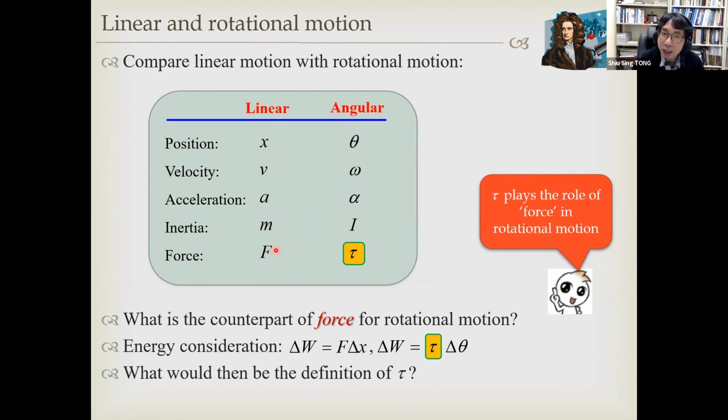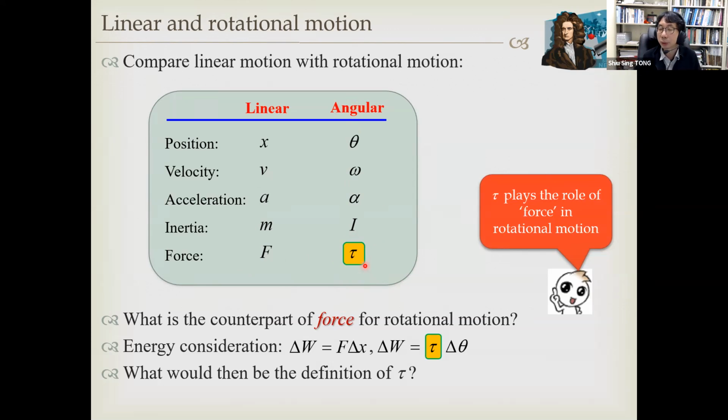But in one-dimensional motion, we have the force. So what does the force correspond to in the angular formulation? Eventually, we'll find that the force in one-dimensional motion, when it translates into the rotational counterpart, corresponds to the torque or the moment of force. The word moment of force is what you learn in high school.